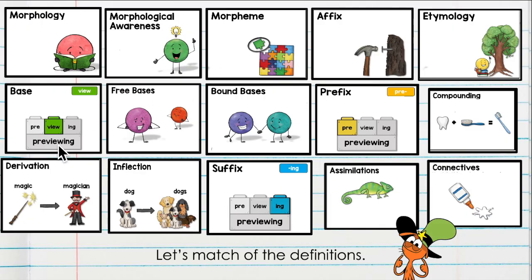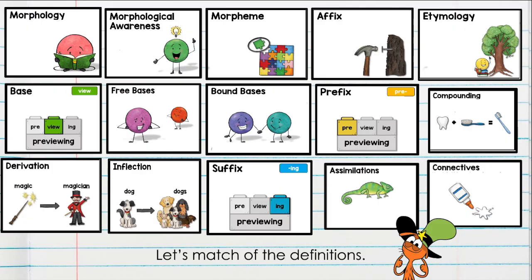Now, the next couple I want to have a little bit of disclaimer on: base, free bases, and bound bases, because we have something called root words as well. There is a little bit of debate between linguists that a base is Anglo-Saxon origin and a root is a Latin origin.